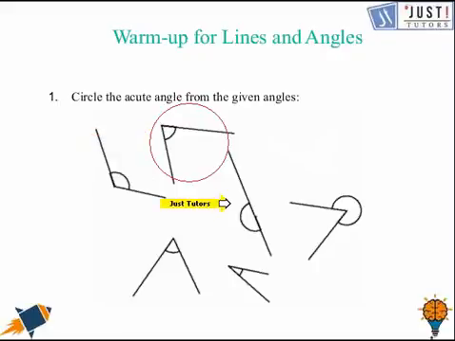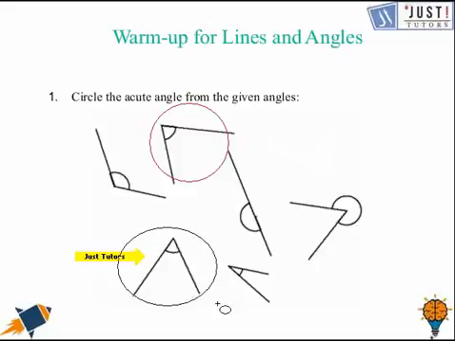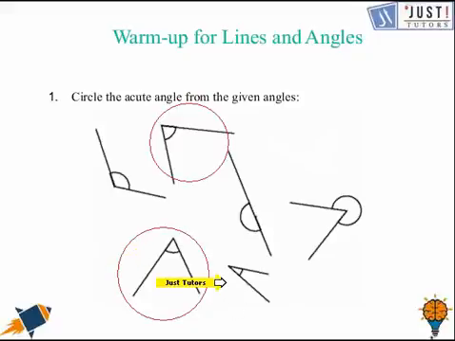Now coming to this one, this is approximately 180 degrees or a straight line, so it's clearly not an acute angle. Coming to this one, that is smaller than 90 degrees or smaller than a right angle, so it is an acute angle. Same applies to this small angle there. Coming to this last angle here, that is more than 180 degrees.